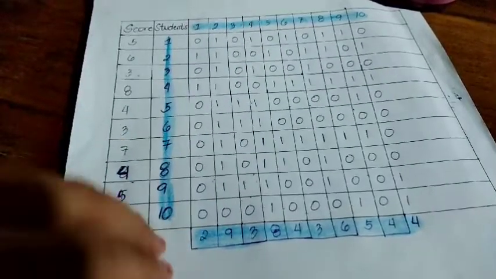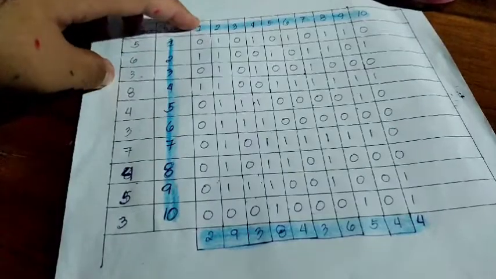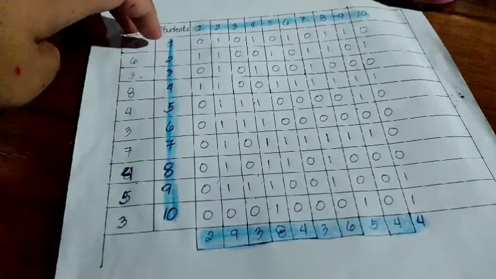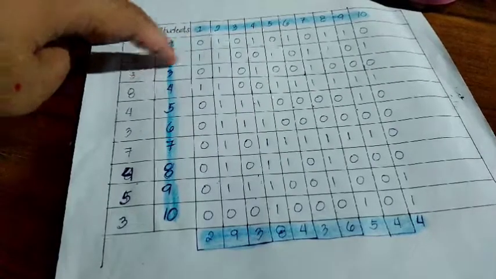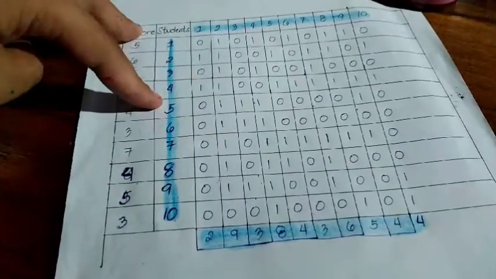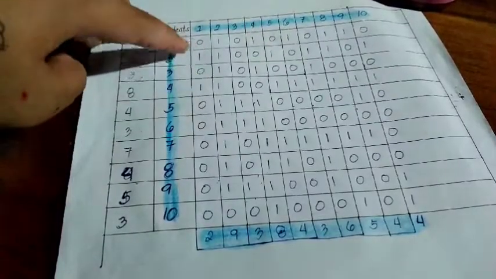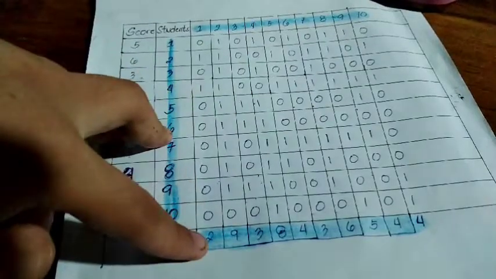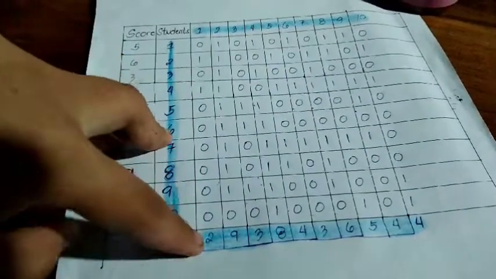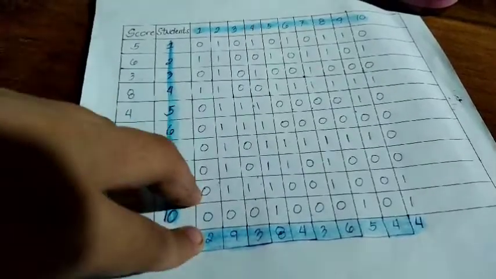For example, item 1: the students who got it are student number 2, which is 1, and student number 4, 1. So 1 plus 1 is equal to 2, a total of 2 persons. Only two got it here.